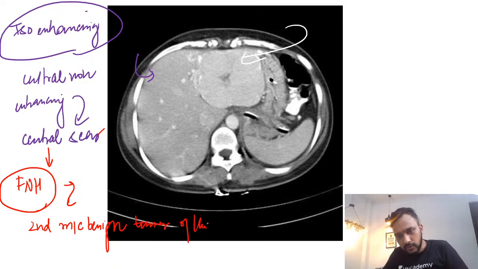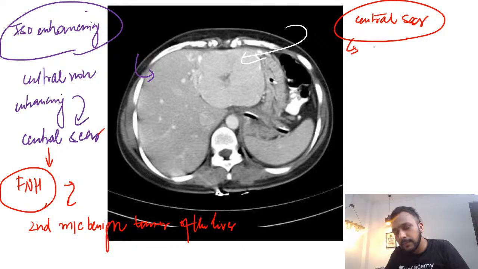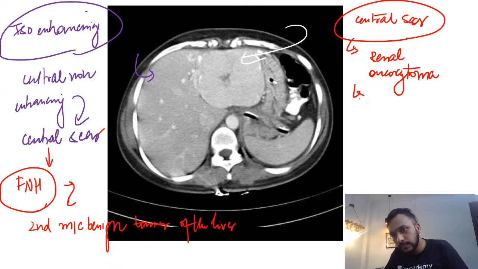Other lesions which are going to have this central scar appearance include your renal oncocytoma, then you have your serous cystadenoma of pancreas.